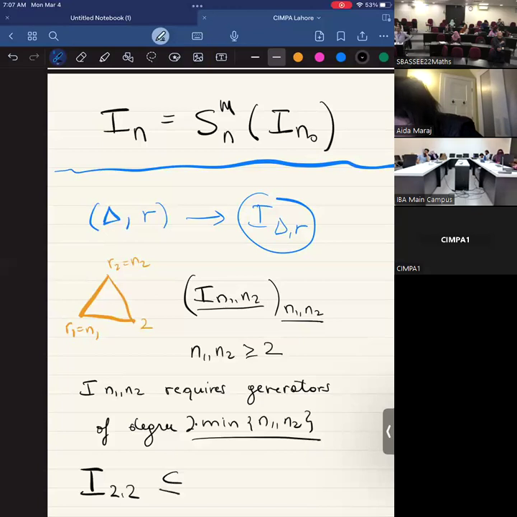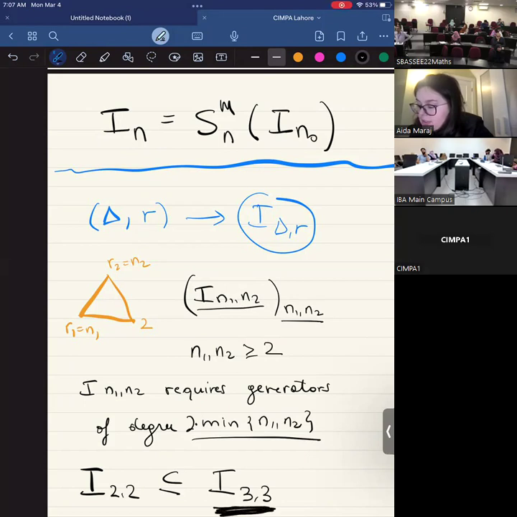This is included in I of 3, 3, which requires generators of degree 6. So I cannot explain generators of degree 6 that show up here by doing symmetry permutations of the generators of degree 4 here. So I do have a filtration, but I do not have a stabilization.